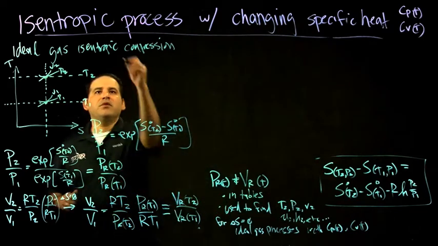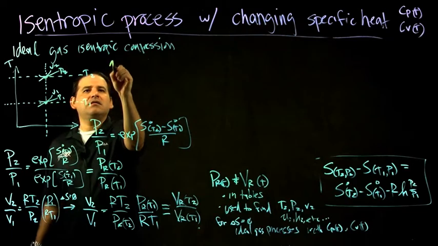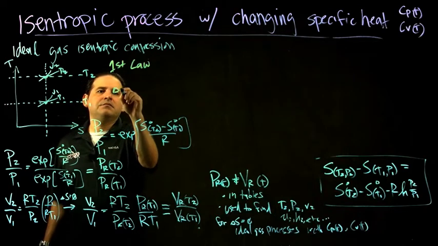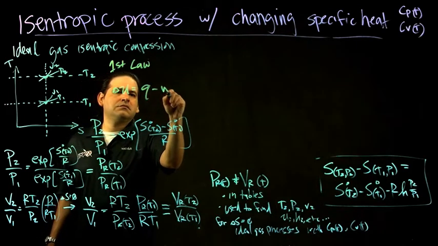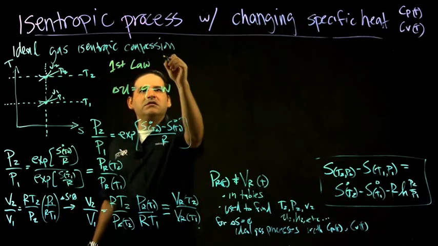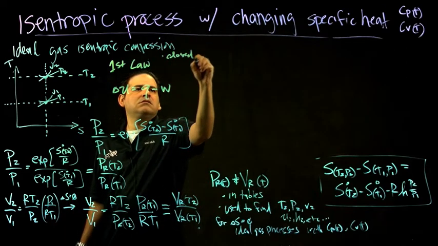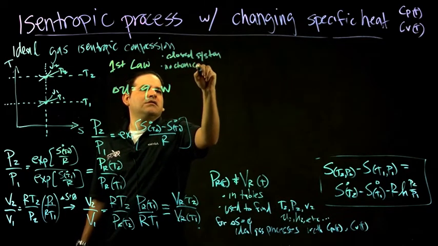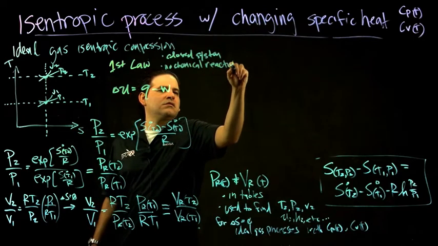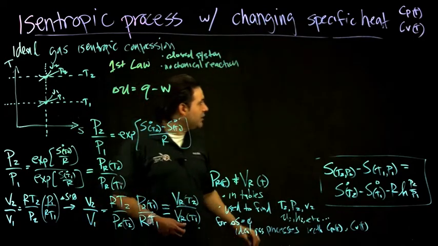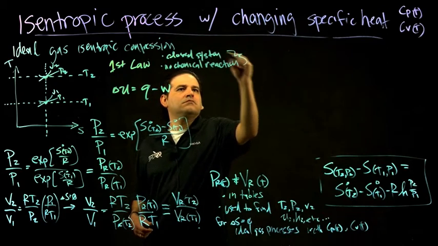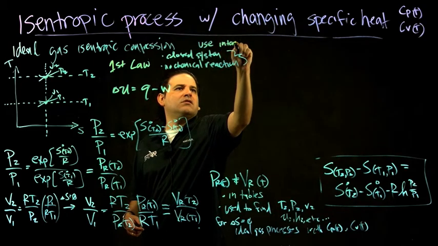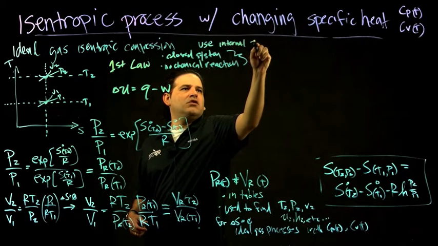So, isentropic compression, apply the first law. In this case, for a closed system with no chemical reaction, we use internal energy U in the first law, not enthalpy.